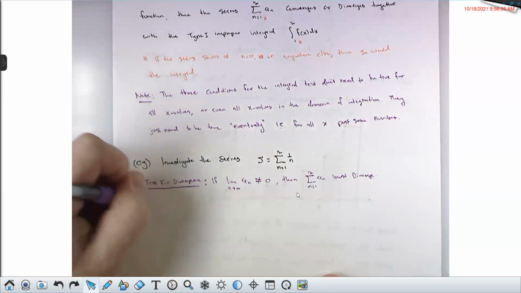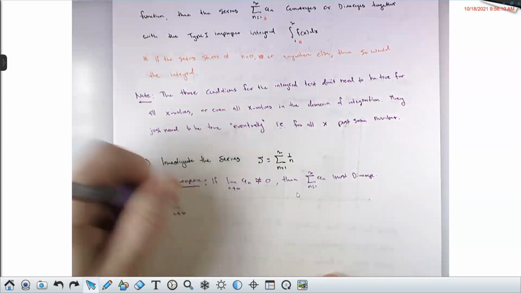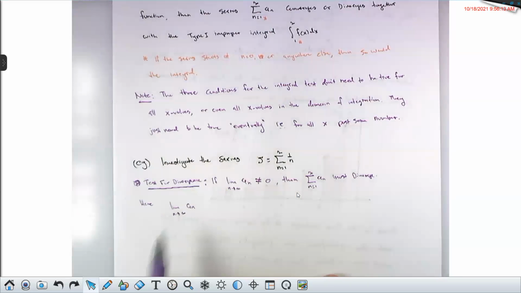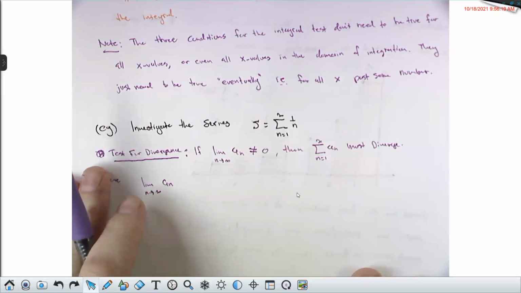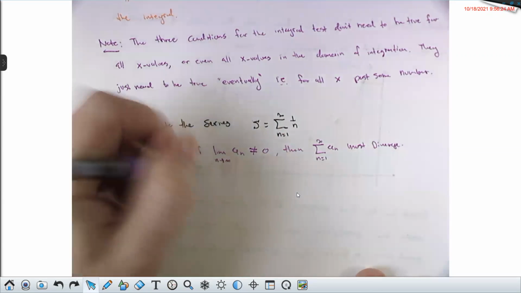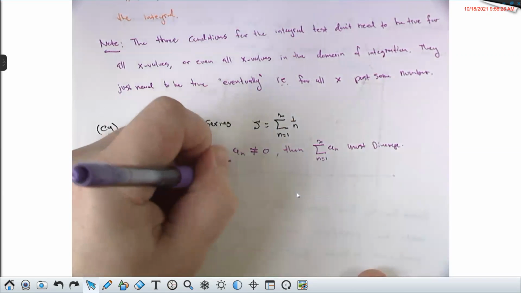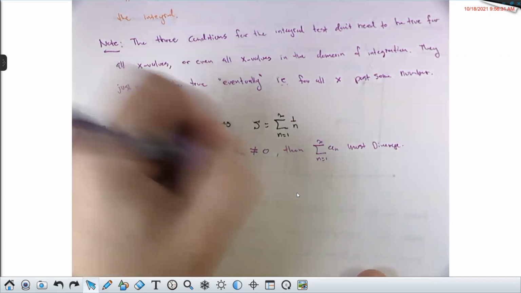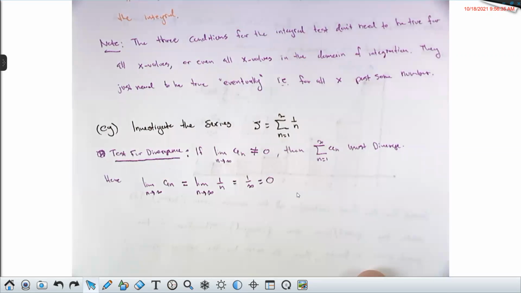Well, here, the limit as n goes to infinity of the a_n, notice I'm not saying this is equal to the series because it isn't. It's just a thing that we can compute that helps us learn about the series sometimes. Here, the limit as n goes to infinity of the a_n's is the limit as n goes to infinity of 1 over n, which is 1 over infinity, which is 0. So what can I conclude?